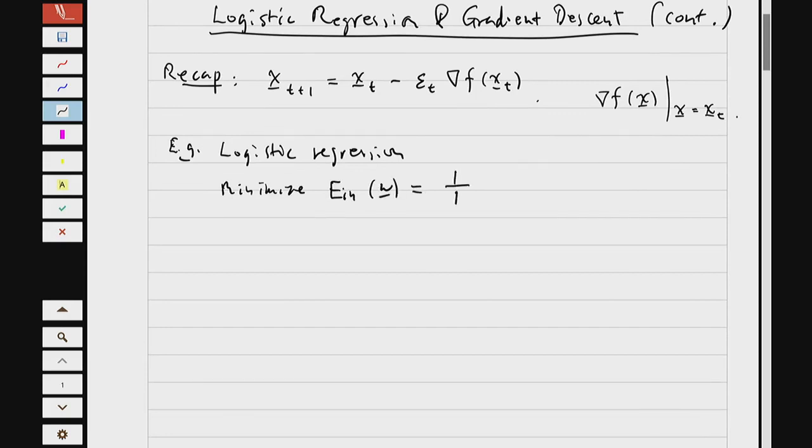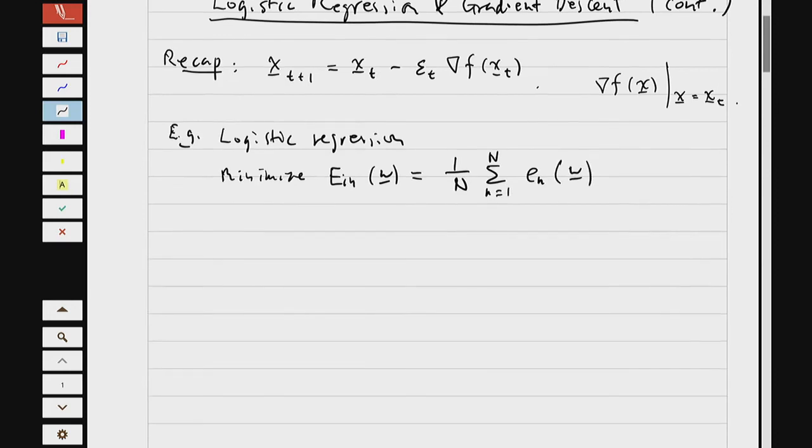Of course, it is an average of the E_n's, where E_n is basically the error for each one of the sample points. And last time we saw that this E_n, you can simplify it into this form: log of 1 plus e to the minus y_n W transpose x_n, like that.